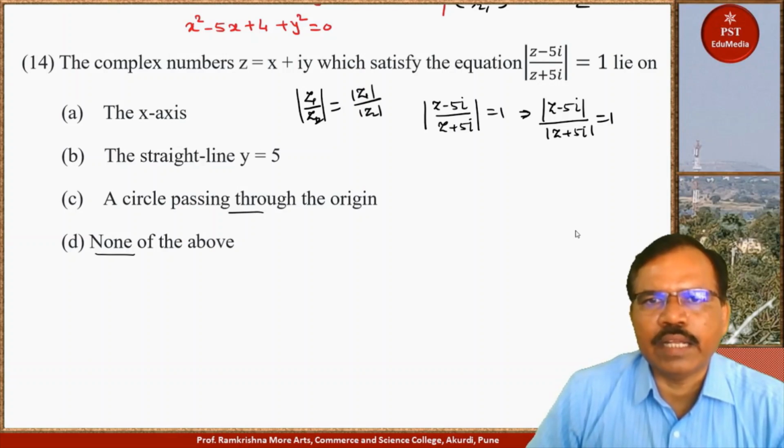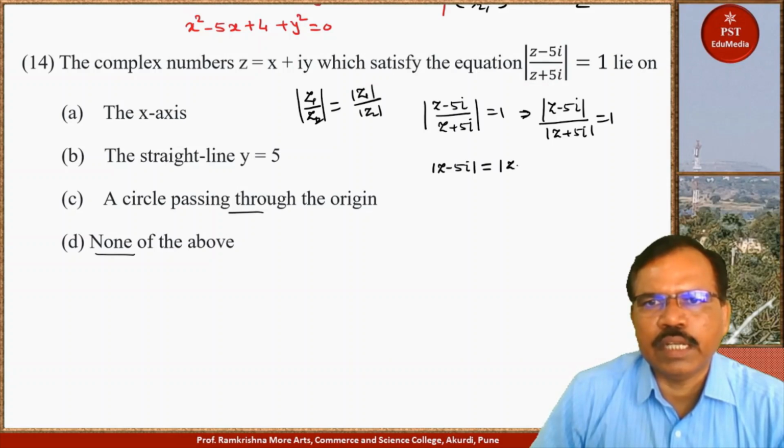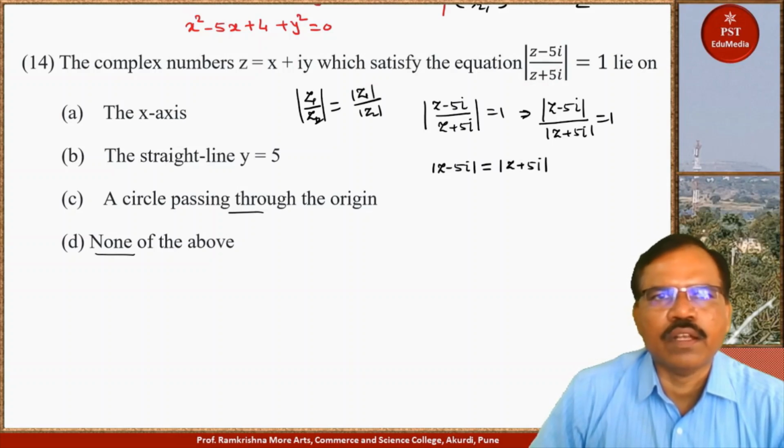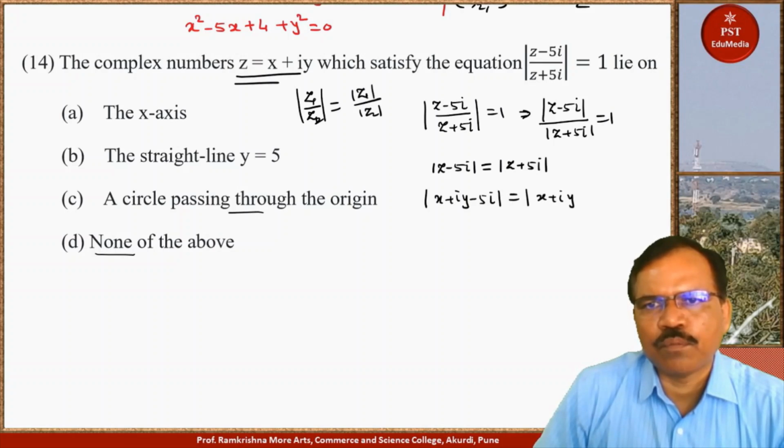So here we can write modulus of z minus 5i is equal to modulus of z plus 5i. Now z is equal to x plus iy. So we get here x plus iy minus 5i is equal to x plus iy plus 5i.